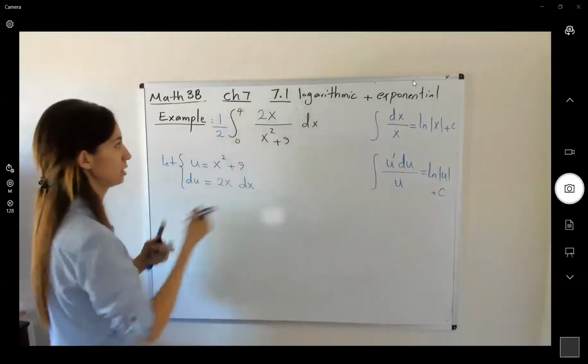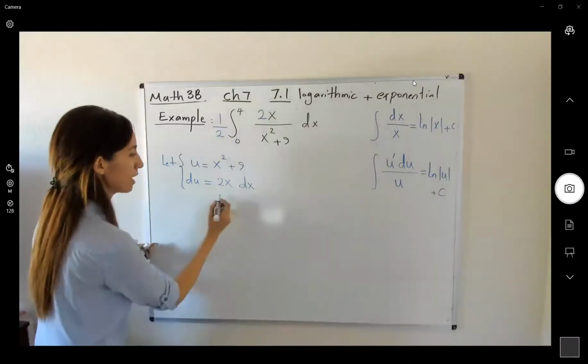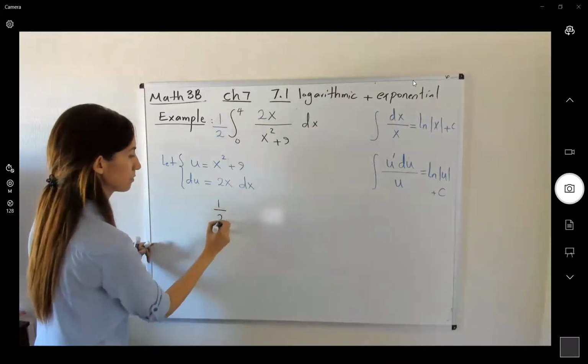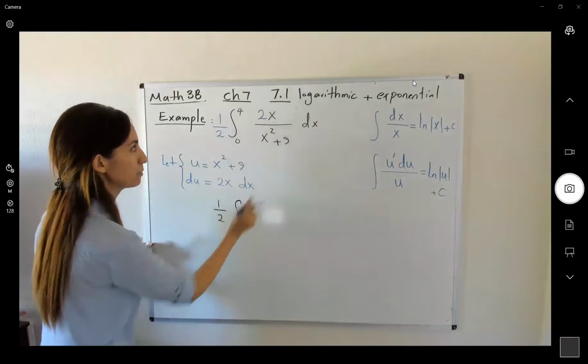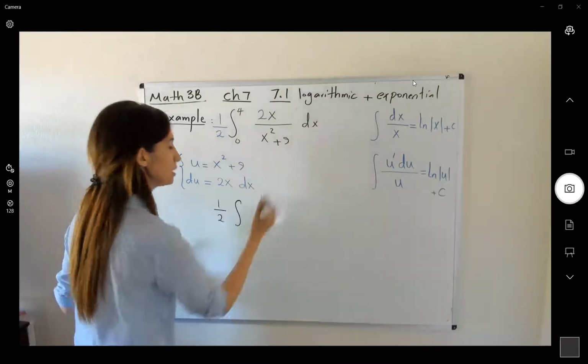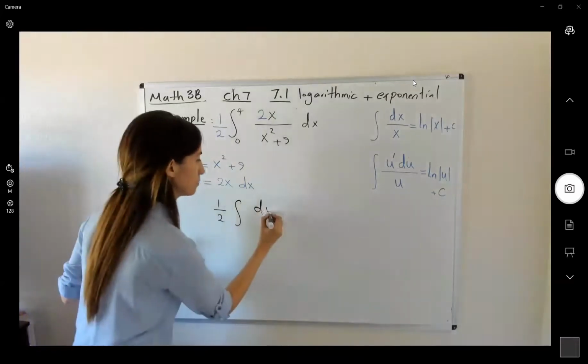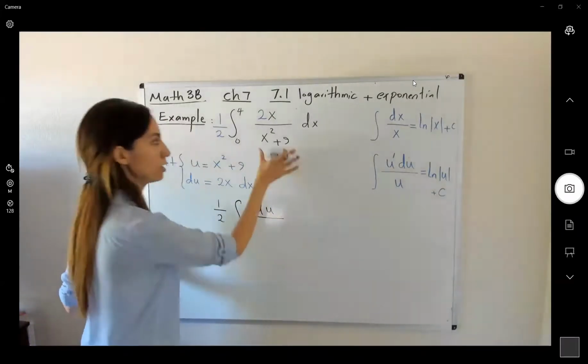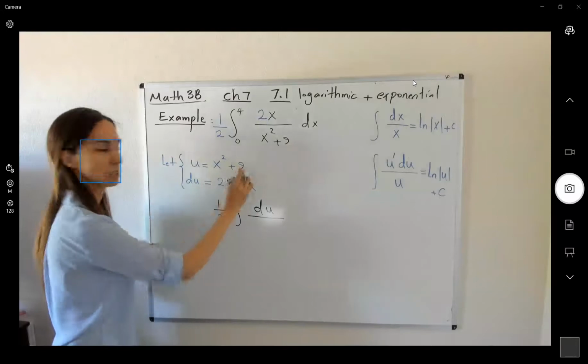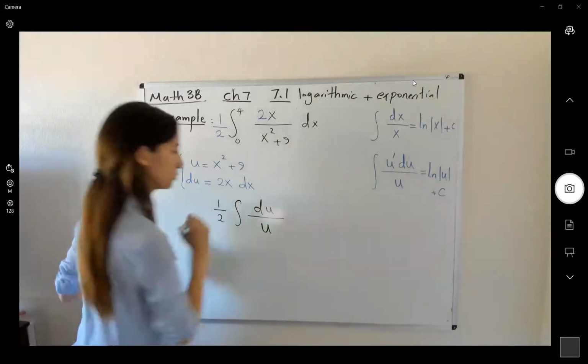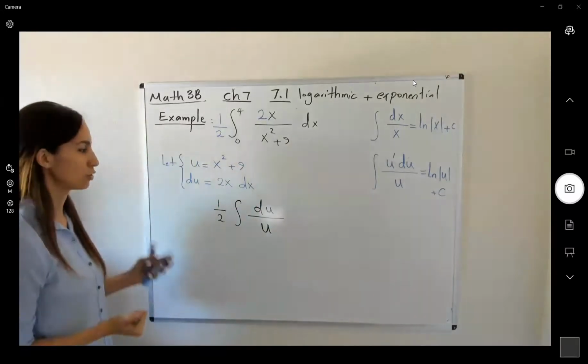So my integral is now a half integral 2x dx, which is du, divided by x squared plus 9, which is u. So what do I have here?